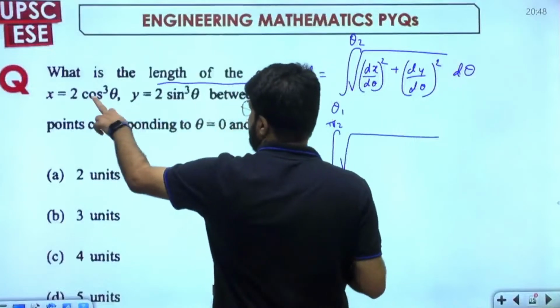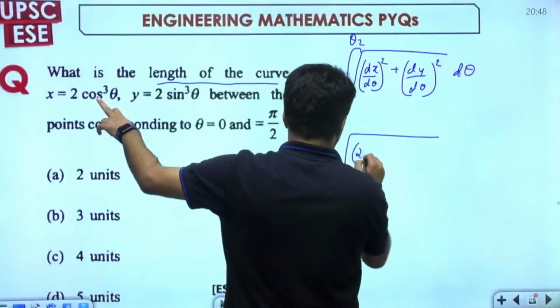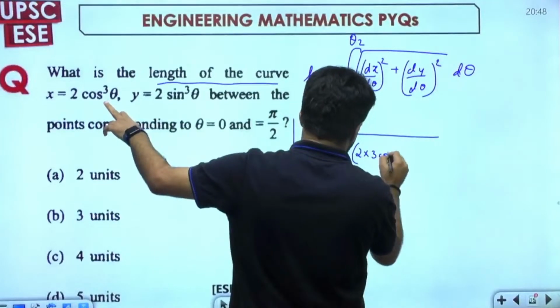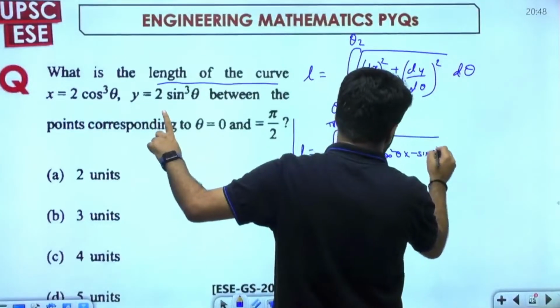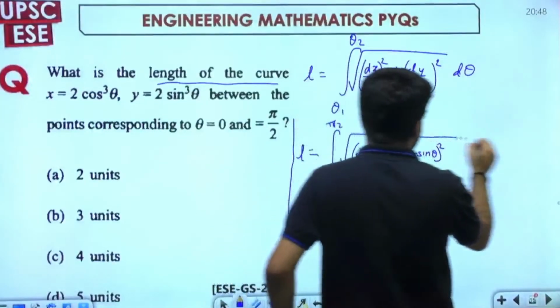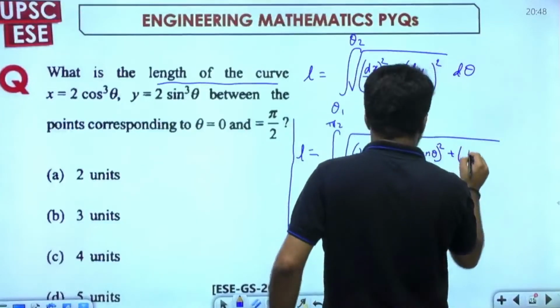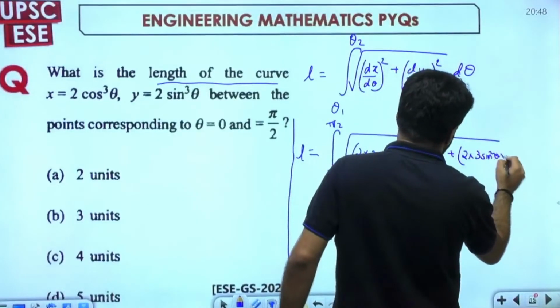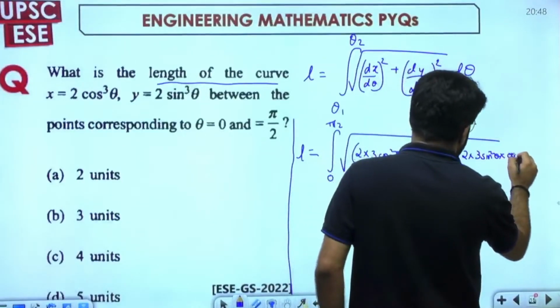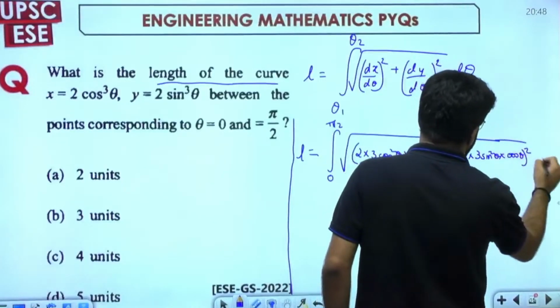Now see, dx by d theta is 2 into 3 cos square theta, and then by chain rule the cos theta derivative, minus sin theta, and then this whole square. Similarly, dy by d theta is 2 into sin cube, derivative 3 sin square, and then by chain rule the sin theta derivative, cos theta, and then this whole square.